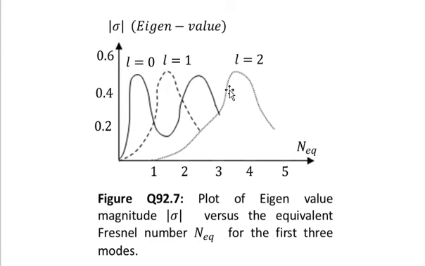So you see that these are the three modes. If you choose the N equivalent value equal to 0.5, you are actually choosing the first mode, that corresponds to L is equal to 0 mode, because this mode will then be converged towards the axis of the resonator. But if you choose 1.5, then you are going to choose L is equal to 1 mode, because L is equal to 1 mode will then be focused along the axis of the resonator, where the other modes will be much attenuated.